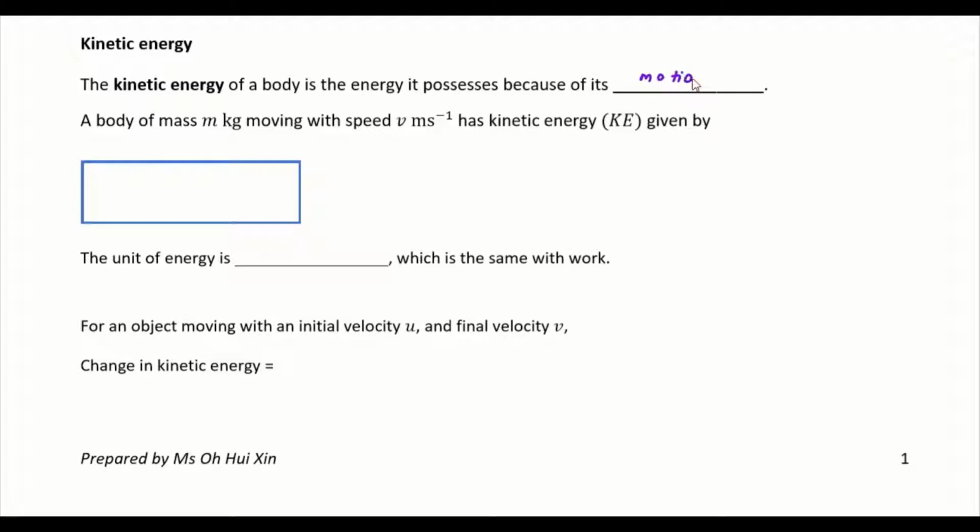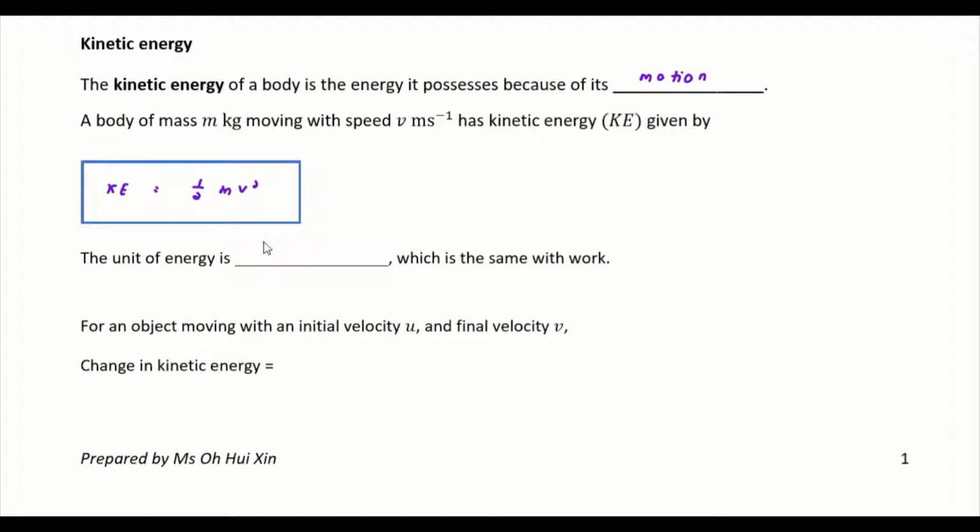Kinetic is about motion. A body of mass m kg moving with speed v meters per second has kinetic energy given by KE equals half mv squared. We will look at the derivation when we talk about the work energy principle, but not now. For now, you can just understand it as kinetic energy equals half mv squared.